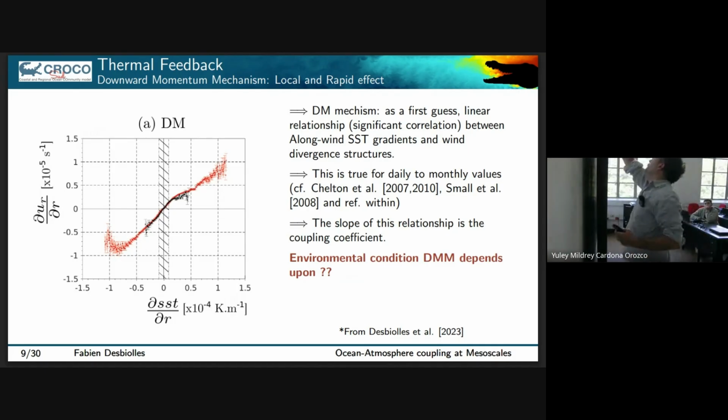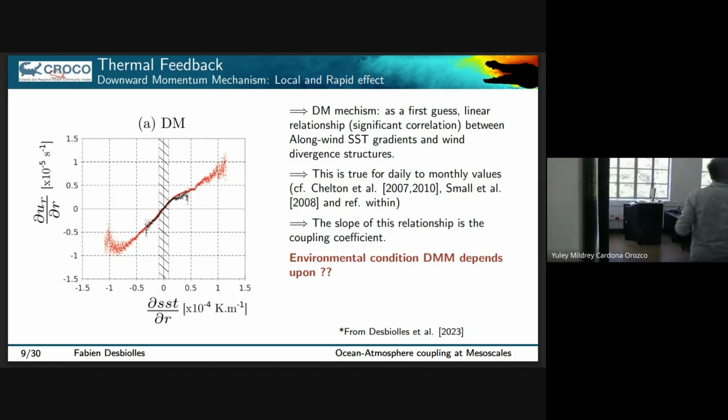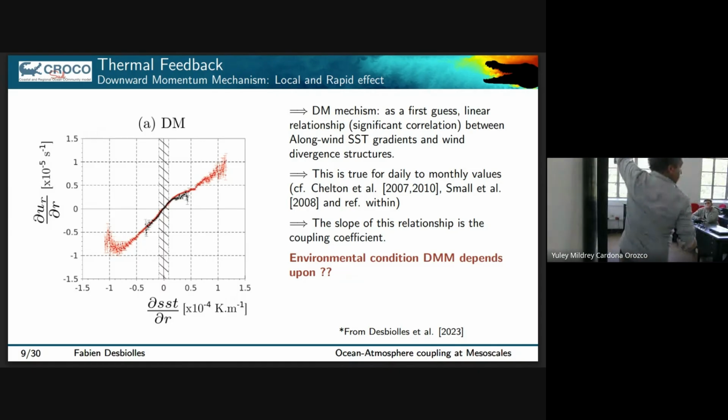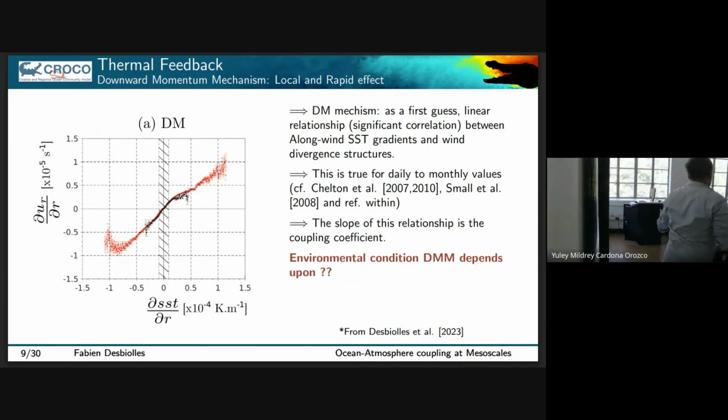And this relation is quite linear, so quite simple, okay? So the slope of that linear function is called the coupling coefficient, okay? So how the atmosphere responds to the SST gradient. It's in almost a linear way.